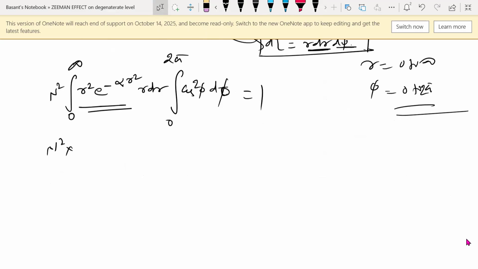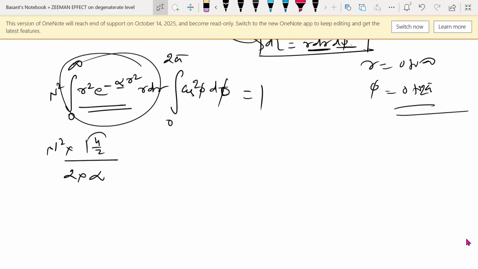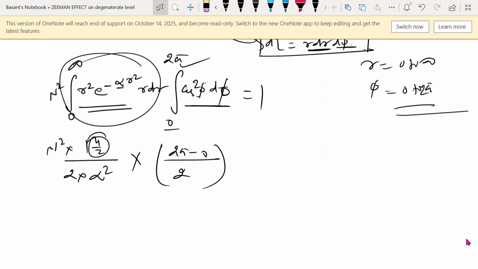What would be the integral value of this part? The integration gives gamma 4 by 2 divided by 2 into alpha to the power 2. And this part is the cos square phi, so the upper limit is 2 pi minus 0, divided by 2, because this gives sine 2 pi, and sine 2 pi becomes 0 after putting in the limits.